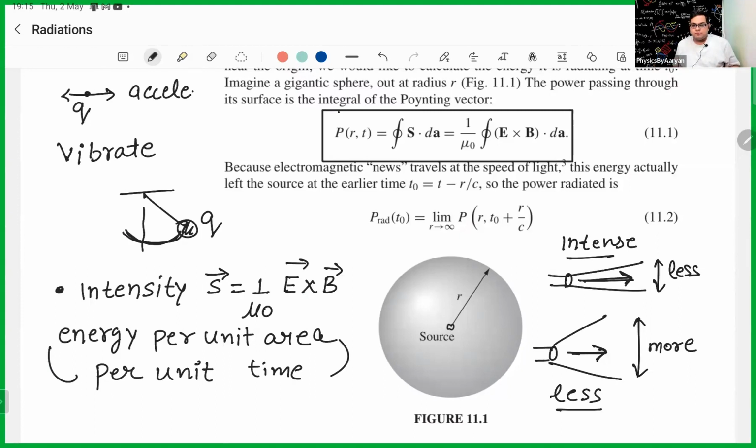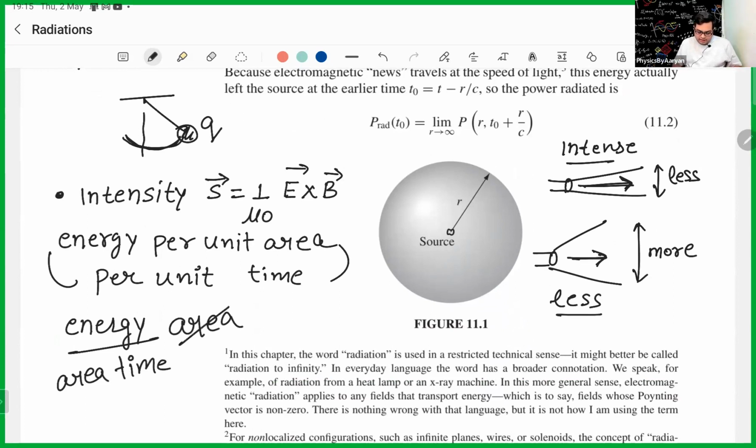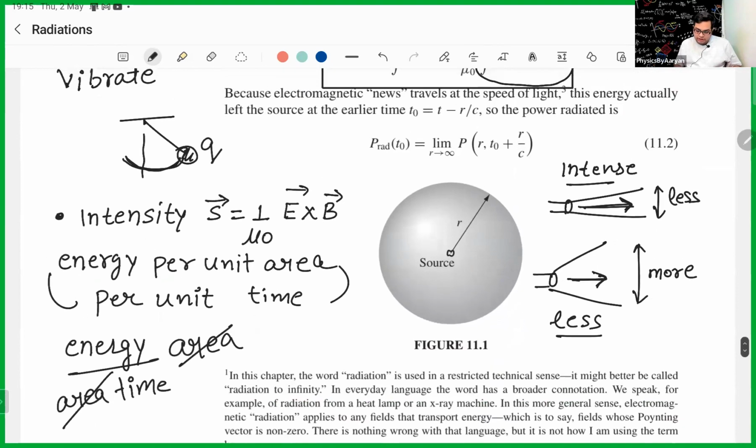One thing: if I do the area integration, intensity basically means energy per unit area per unit time. When I multiply by area, area cancels, and I'm left with energy per unit time.